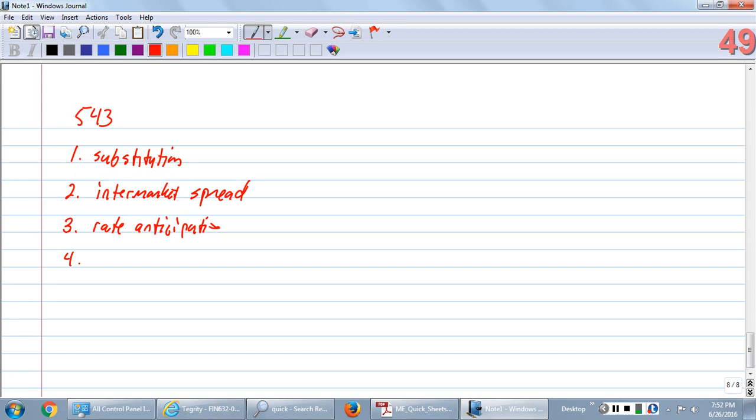Let's take a scenario. Maybe there's a pension fund manager who has to have bonds in the portfolio, and they're lined up to match with pensions that they're going to pay in the future. So they cannot change the maturity structure of their portfolio.